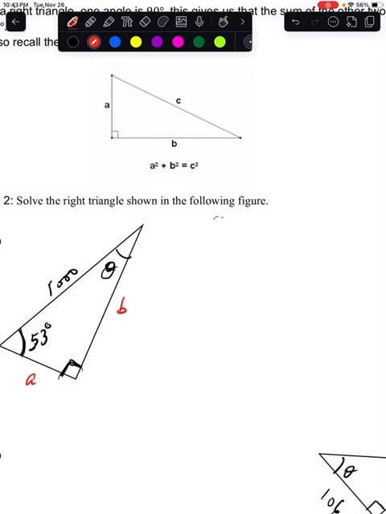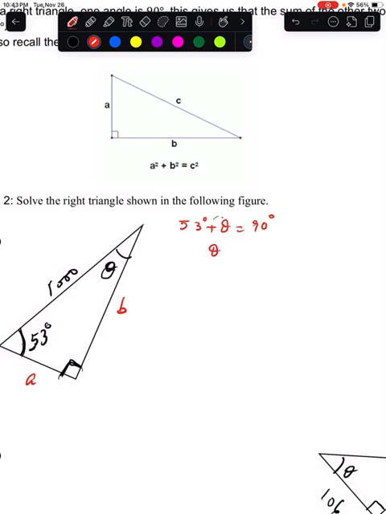The first thing that is easier to do is find theta, because we know that the sum of these two angles, the 53 and theta, will be equal to 90 degrees. So 53 degrees plus theta is equal to 90 degrees.